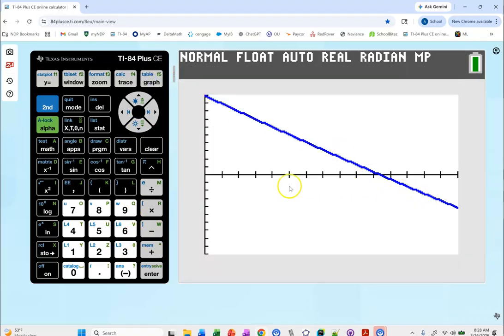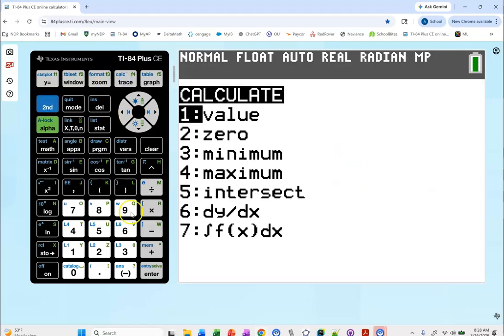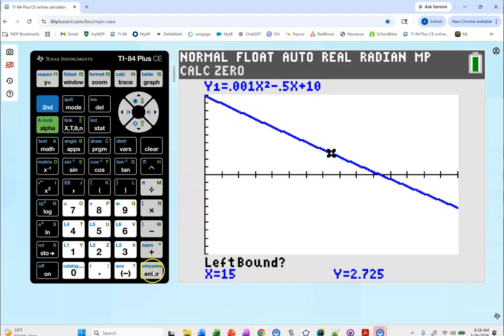And I'm just going to hit graph and look. Oh, look there, looky there. So second trace, looking for that zero command, enter, enter. So at basically 20.87 minutes.